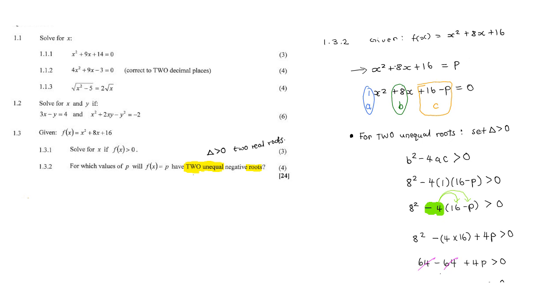And apparently, according to them, when you find those x-intercepts, given that you've chosen p greater than 0, that graph is always going to have two negative x-intercepts. So for whatever p value greater than 0, your graph is always going to have x-intercepts on the negative side. So it's going to look something like this.